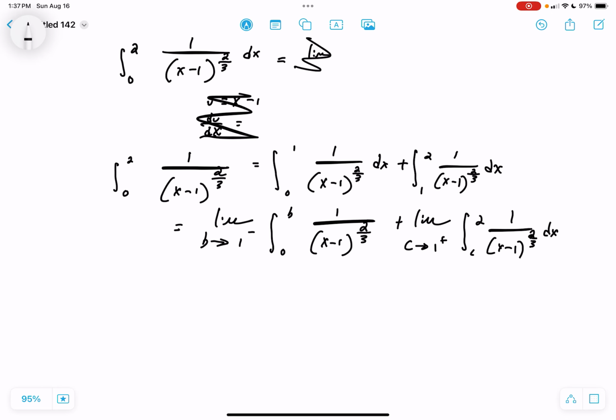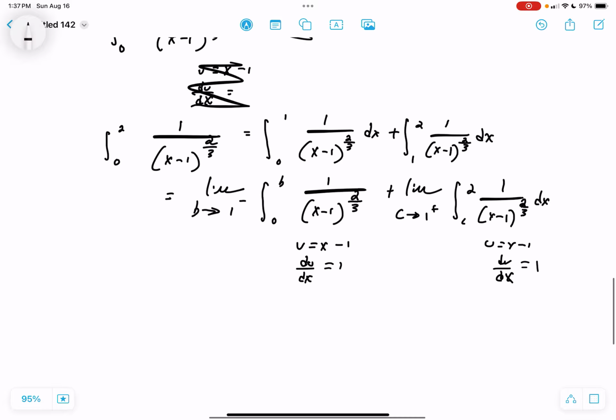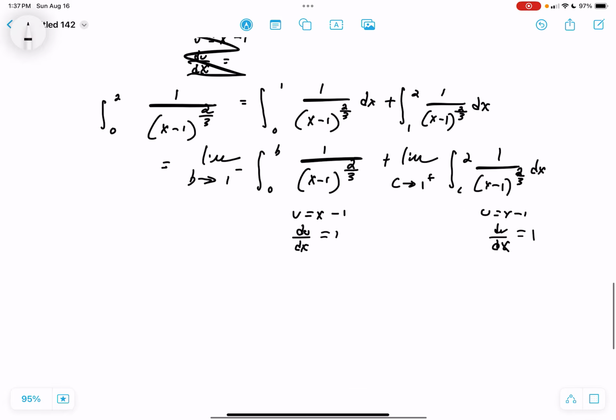And now I evaluate. So now I'm going to let u equal x minus 1 for both of these. And du/dx will equal 1, so therefore dx equals du for both of them. But remember, I have to change my bounds of integration.